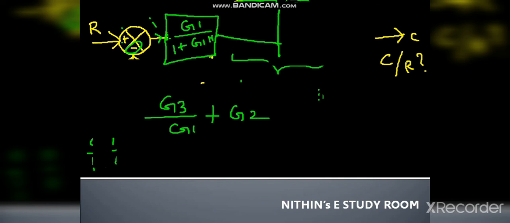Like this. This is the new block, and its value is just the sum of the two path gains, G3 by G1 plus G2. So in the fifth step, you eliminated the parallel paths, the two forward paths, and you just summed them to get a new block diagram.